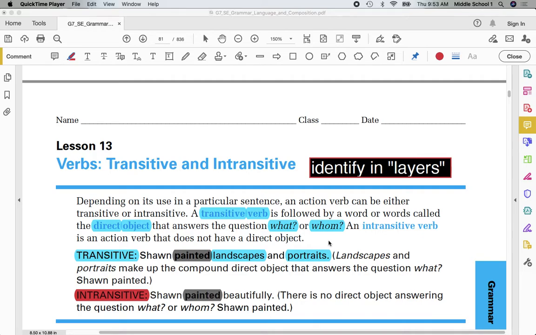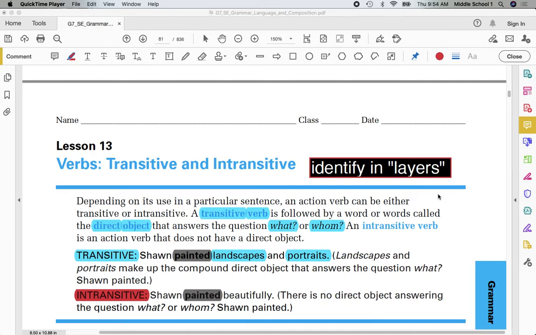I would like for you to think about identifying in layers. And what I mean by identifying in layers is I'm going to put into practice Unit 1, and I'm going to put into practice Unit 2, and it's going to help me with today's lesson. On top of that, I'm going to put into practice what I've already learned concerning the use of prepositions and prepositional phrases in a sentence.